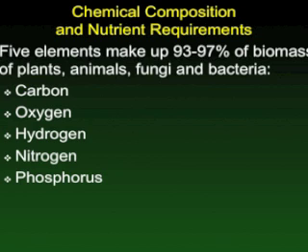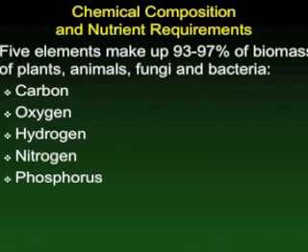And oxygen is used in the process of metabolism, in a whole variety of metabolic processes that break down organic molecules and release energy. And then hydrogen is used in order to carry electrons from one place to another, these high energy electrons.